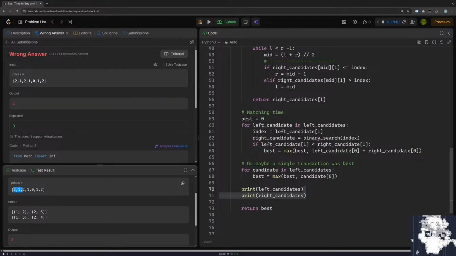So 0, 1, 2, 3, 4, 5. So it's saying this gives a profit of 1. This gives a profit of 4. Oh. Yeah. So why didn't I end up matching this with this?